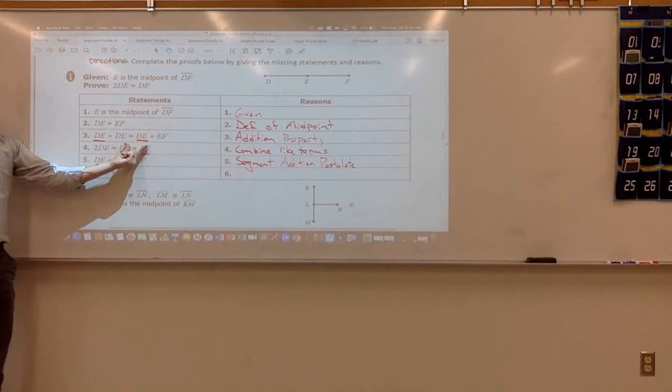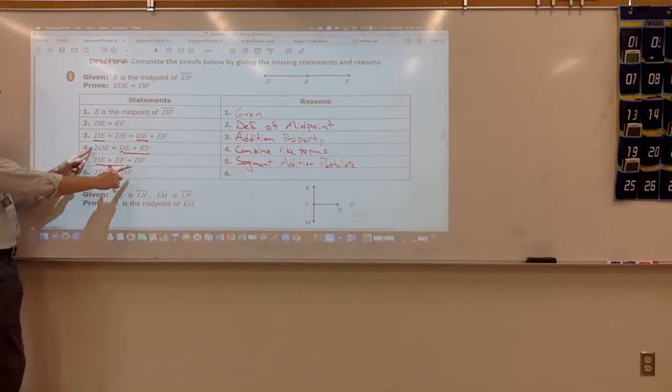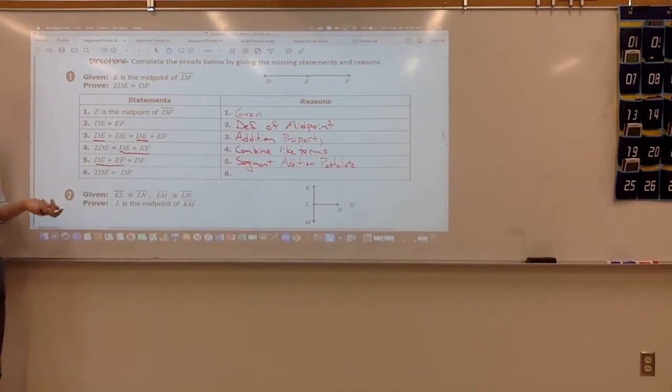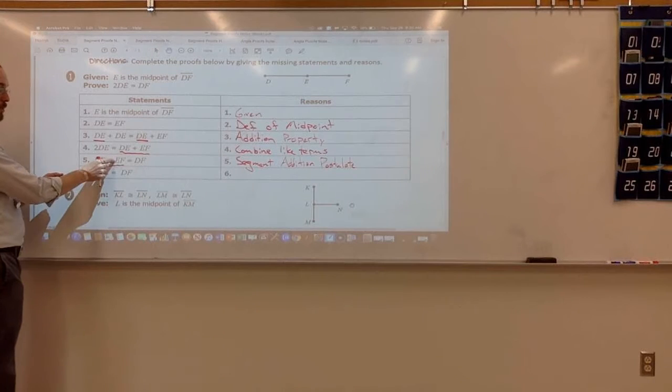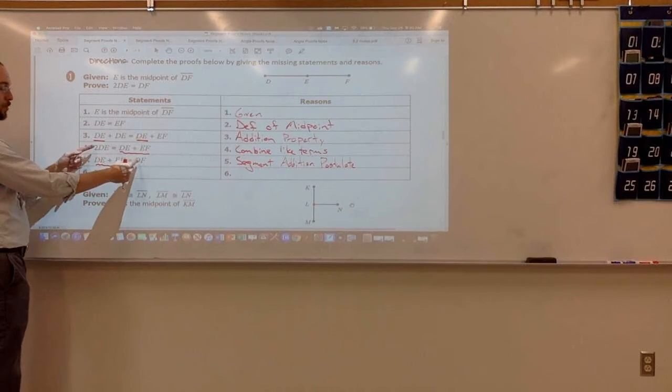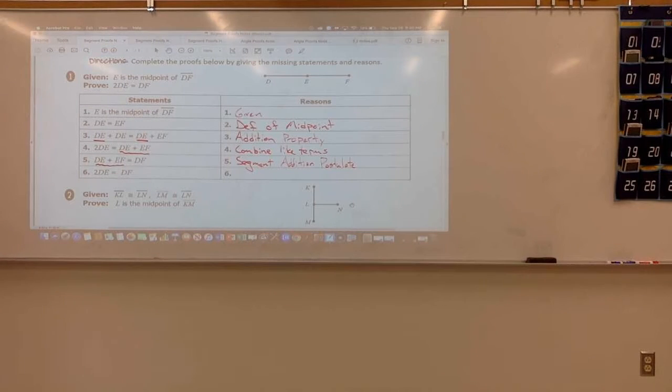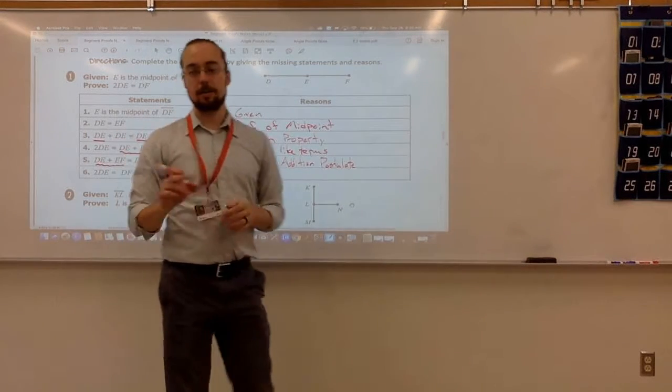So I've got DE plus EF equal to two different things. If they're both equal to DE plus EF, they would be equal to each other. So since DF is equal to this and 2DE is equal to this, they're equal to each other. What property lets me say if two things are equal to the same thing, they're equal to each other? Transitive property. Okay.